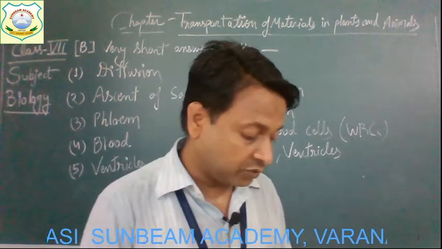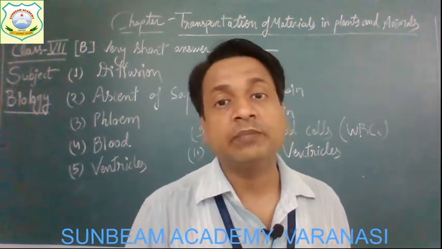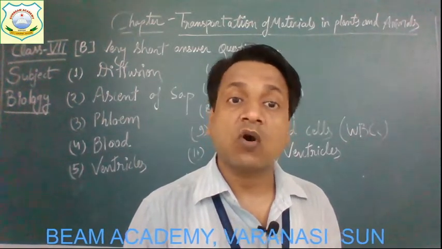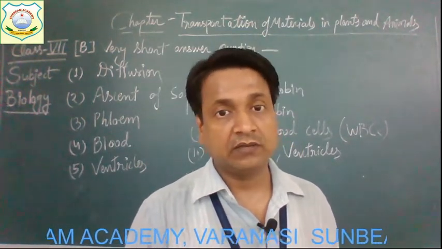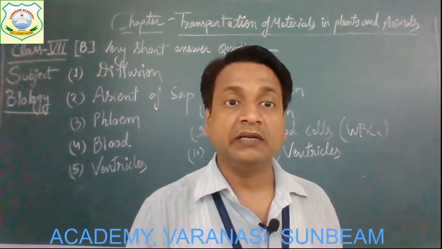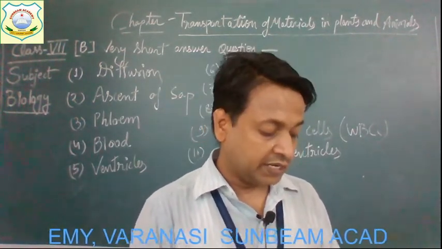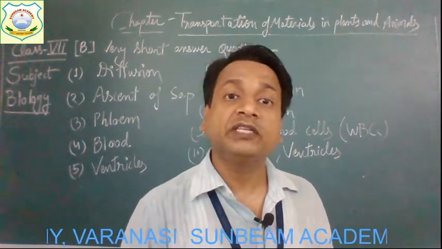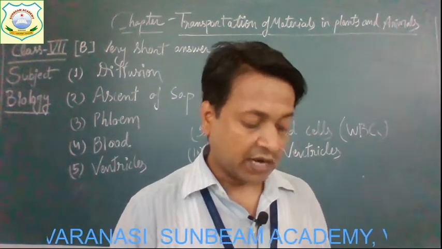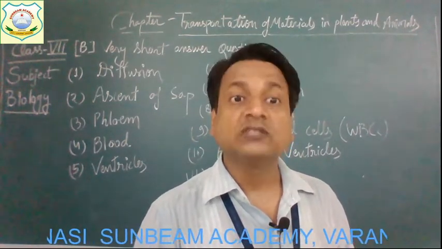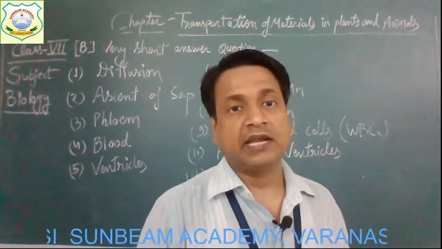Oxygenated blood means the blood in which oxygen is present, or oxygen rich blood. So this oxygenated blood is found on which side? Left side or right side of the heart? It is found on the left side, children.